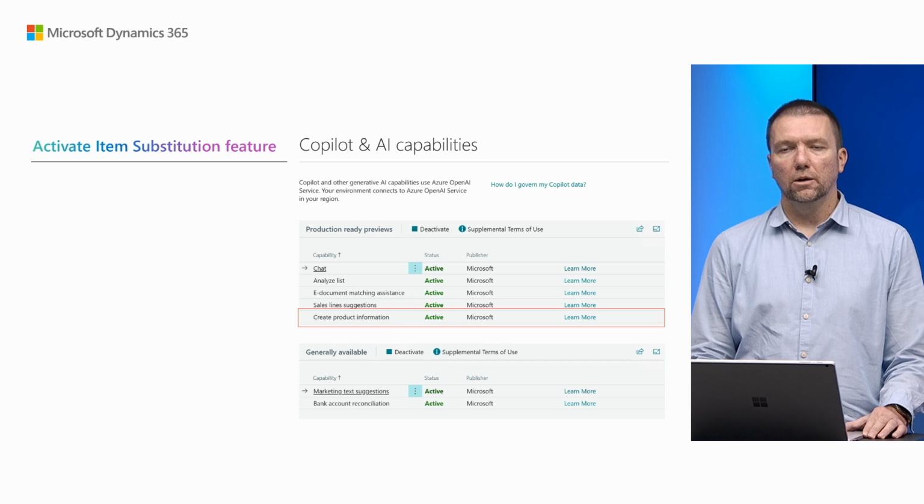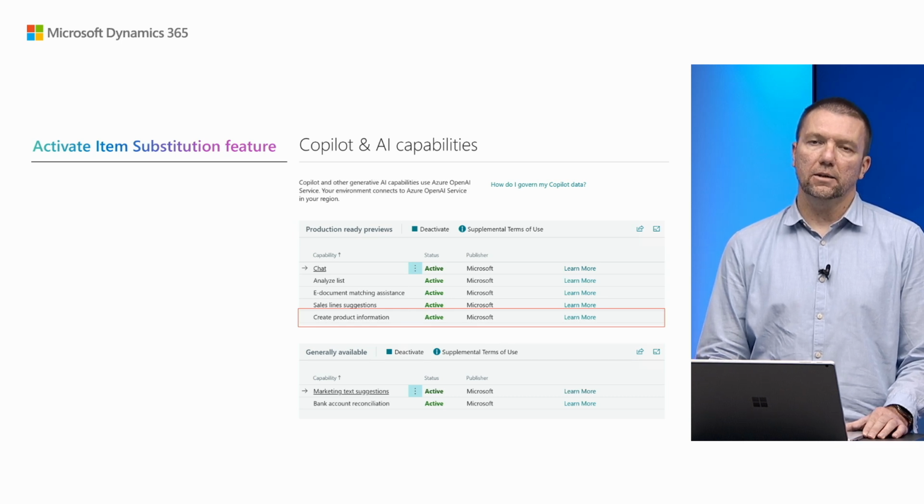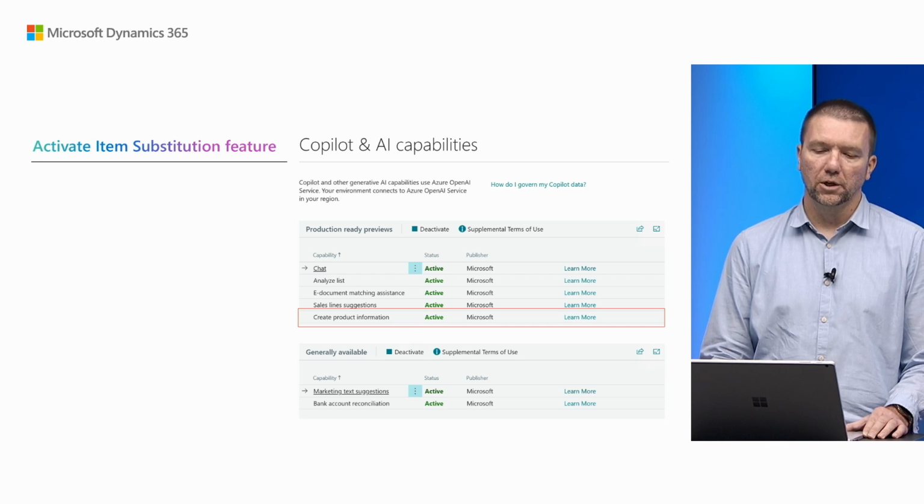Now let's take a look at how we can activate the item substitution feature. Similar to other Copilot capabilities, there is a page called Copilot and AI capabilities, and in order to activate the item substitution feature, it is needed to enable the item called create product information. Yes, this sentence looks like a bug, but it's actually not.